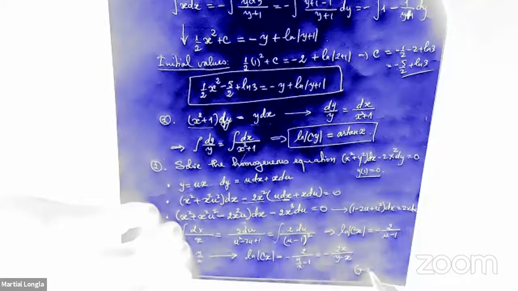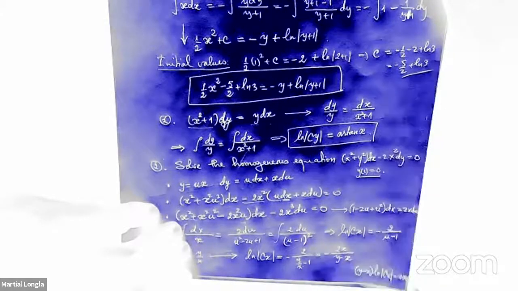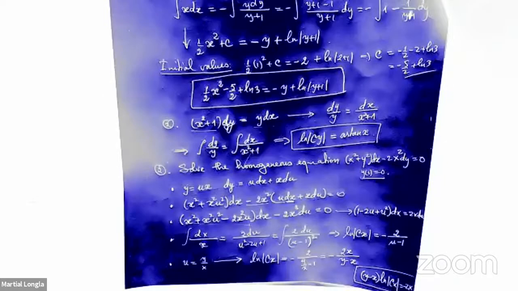You can multiply if you want, but it's really not needed. So the final answer would be (y minus x) ln of the absolute value of cx equals minus 2x. That's it.